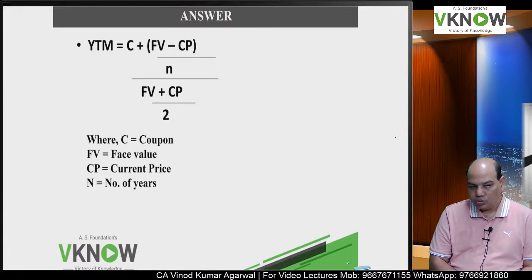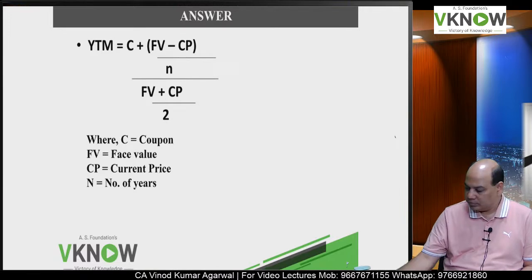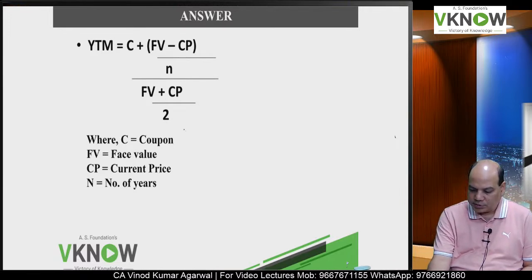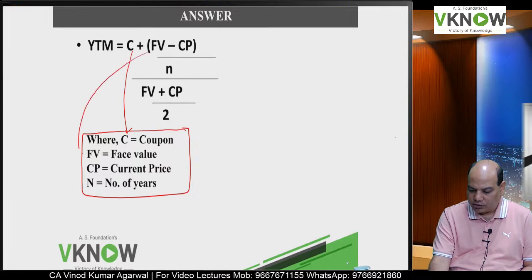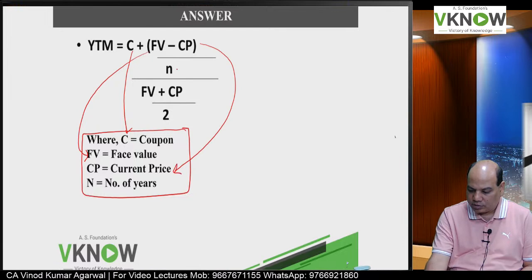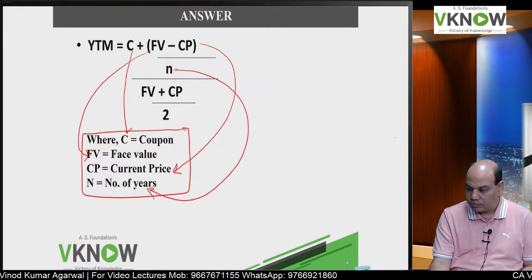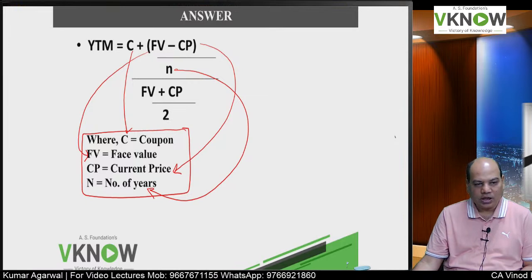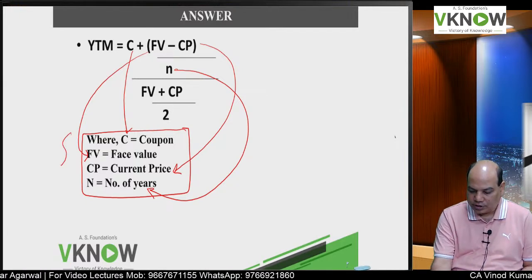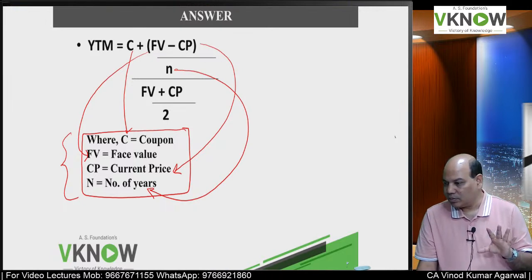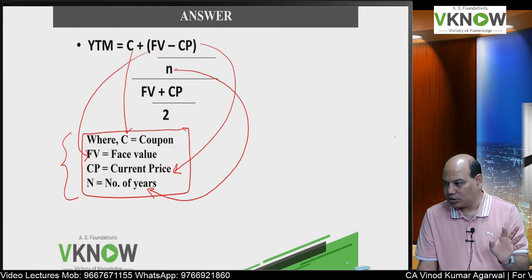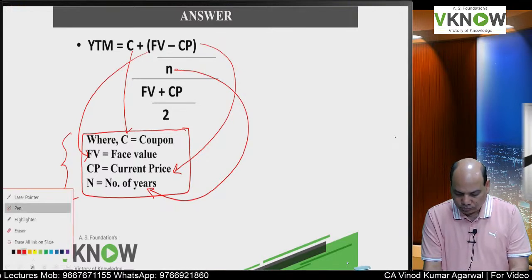When you are writing an answer in the exam, you must explain the terms used in the formula. C stands for coupon, FV stands for face value, CP stands for current price, and N stands for number of years. In the classroom we will not write these details in every problem, but in the exam you must write them, otherwise some examiner can deduct marks for this also, right?